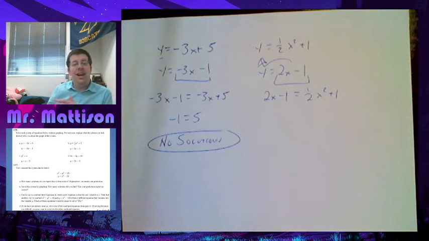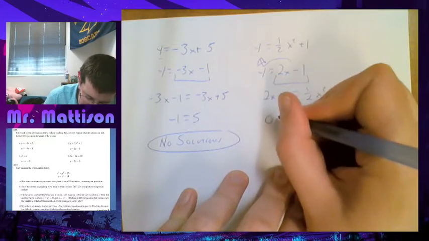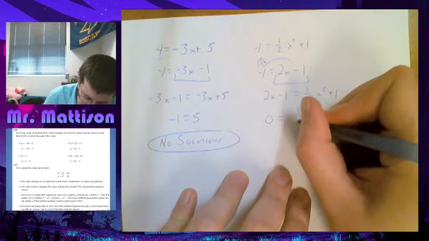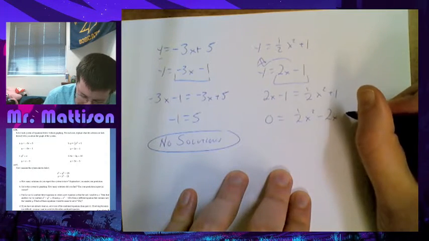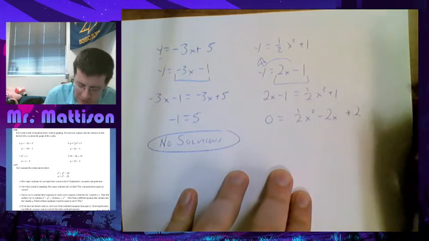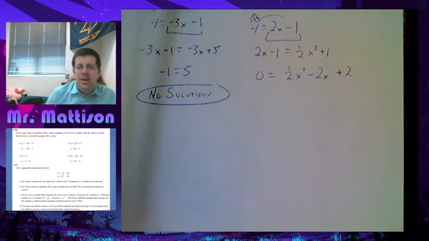So I have an x squared and I have an x. I have a quadratic. Let's get everything on one side and then equal to 0. So I'll have 0 is equal to 1/2 x squared minus 2x, and that would then be a plus 2 because 1 and plus 1.